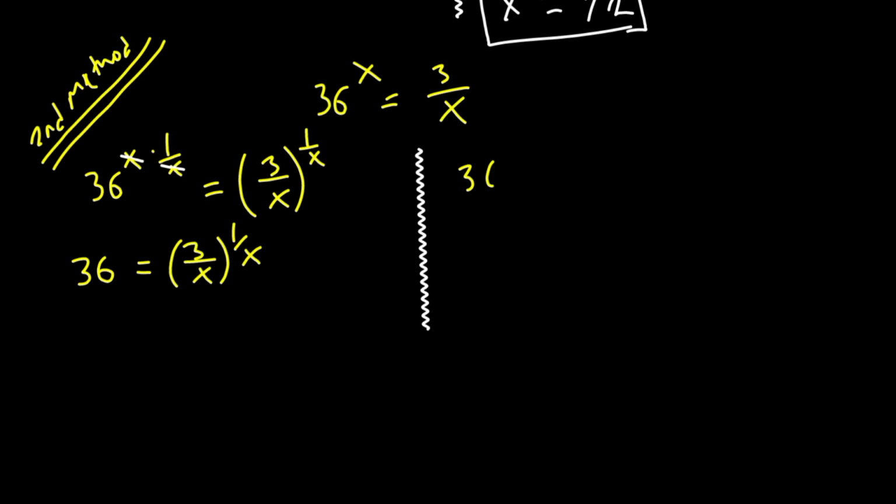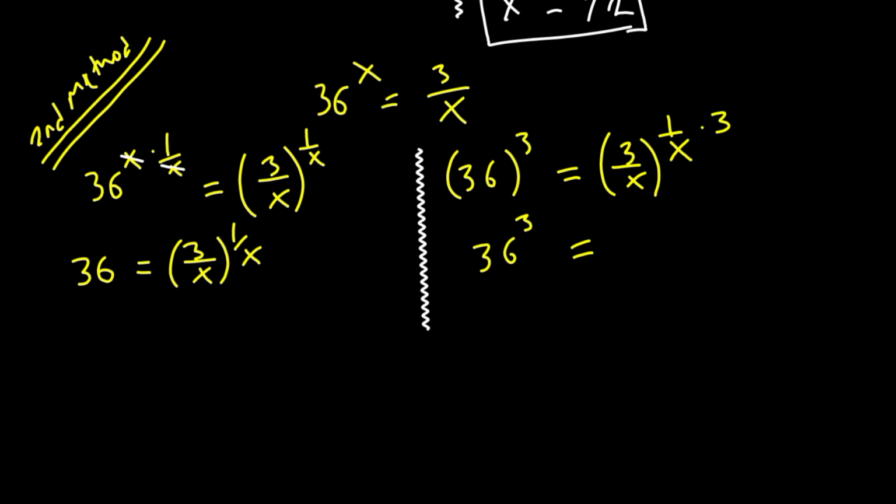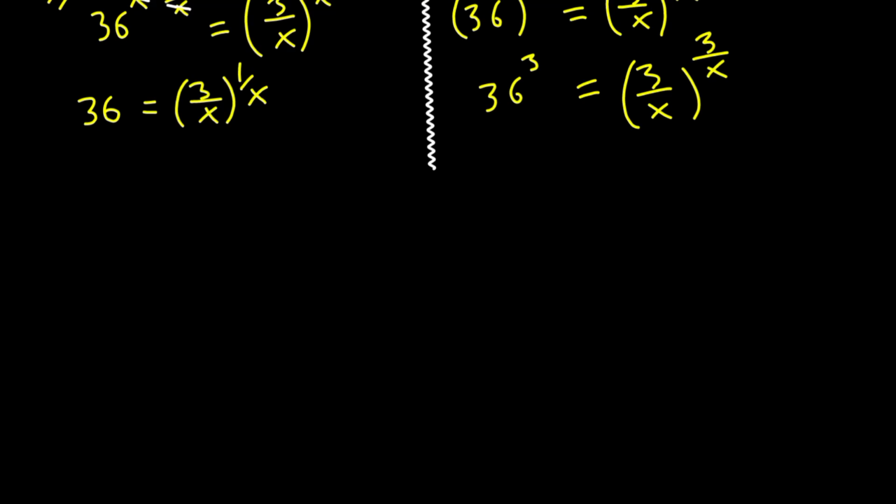And then we go ahead to take the cube of both sides. Then that cube multiplies the power 1 over x. So we have times 3. So then we have 36 to the power of 3 equals 3 over x to the power of 3 over x. So moving further, we can just say 36 is the same thing as saying 6 squared, then times 3.